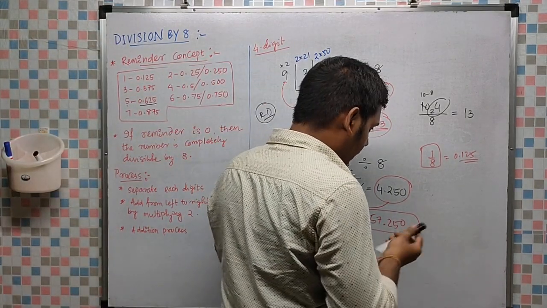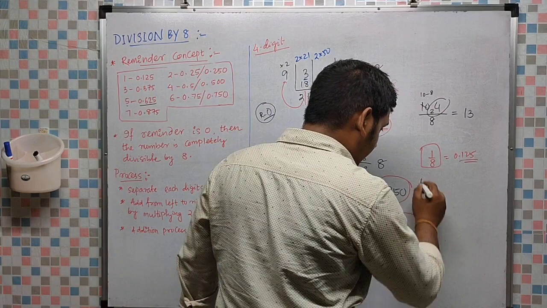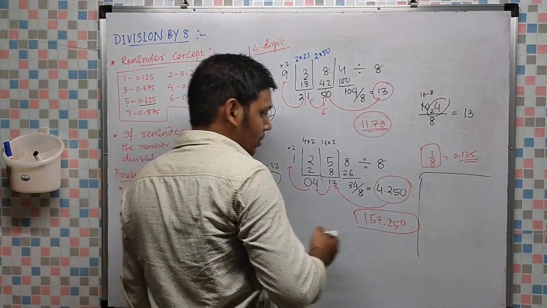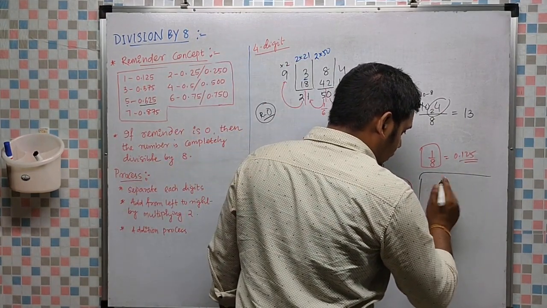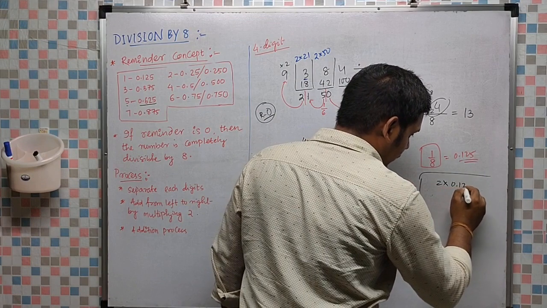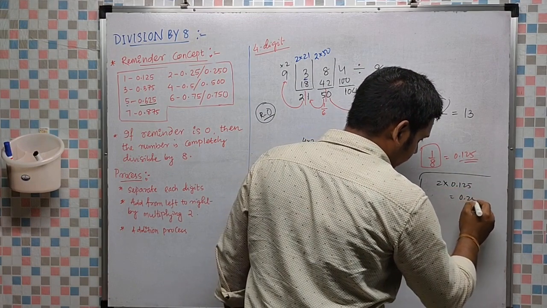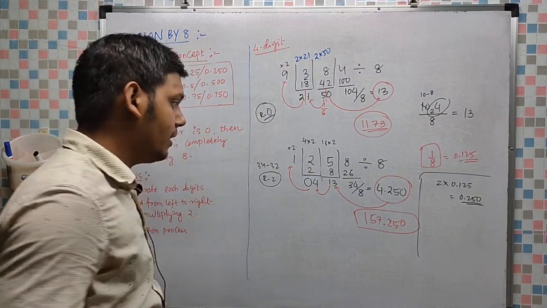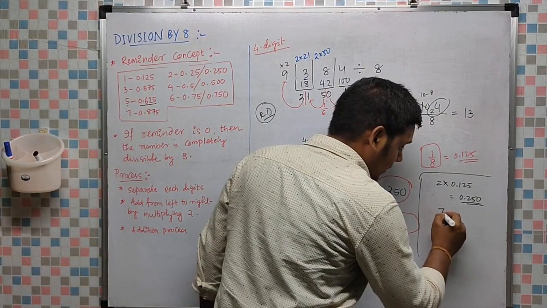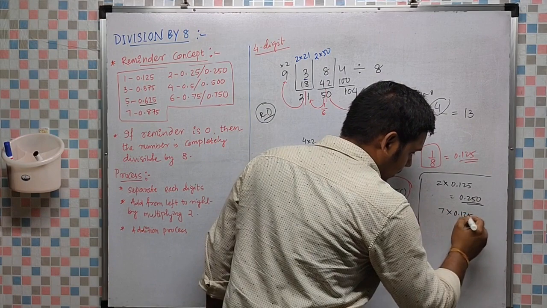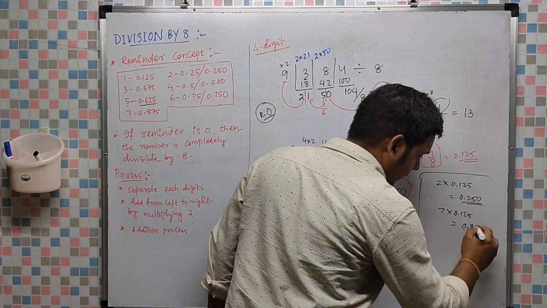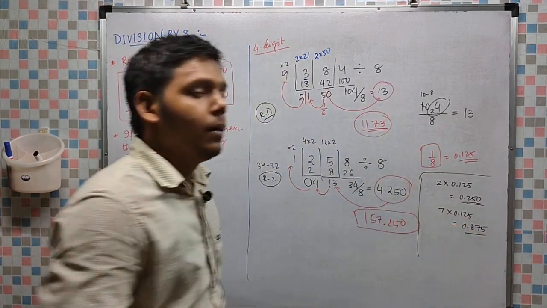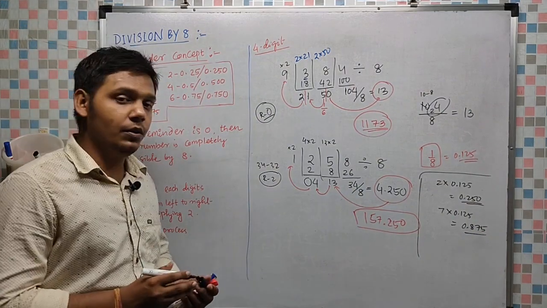If the remainder is 2, then 2 into 0.125, that means 0.250. So this you have to write. If the remainder is 7, then 7 into 0.125 is 0.875. You can say it is the 0.125 table.